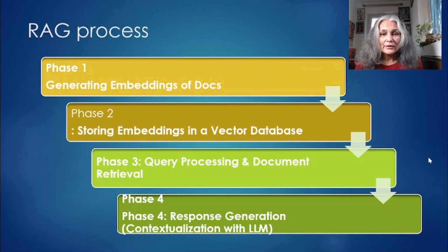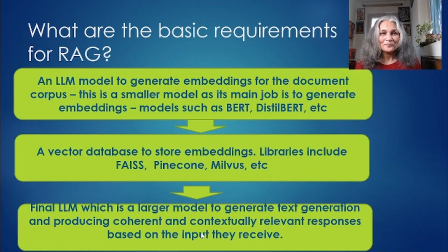Phase 4 is that these retrieved documents are then used by a large language model such as GPT-4 or Gemini or Claude, for example, to generate a response which is based on the information provided. So as you can see, this is a very powerful model which follows a definite sequence.